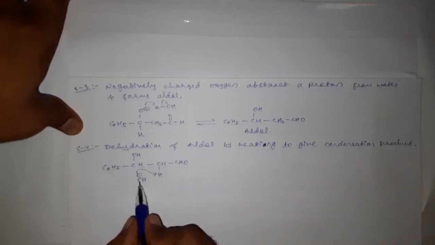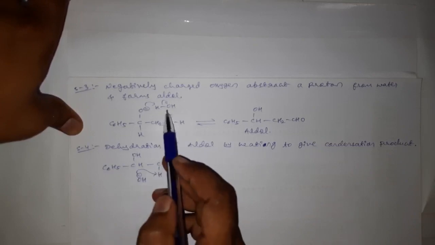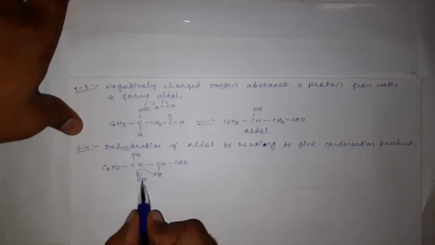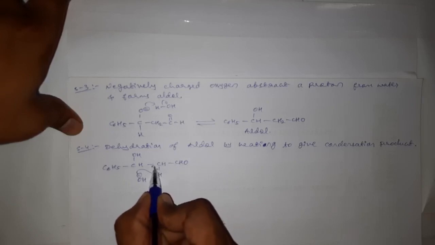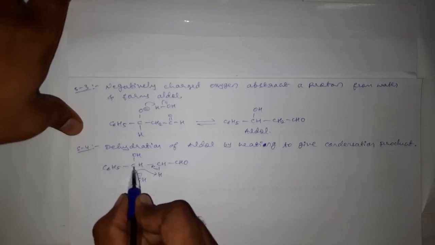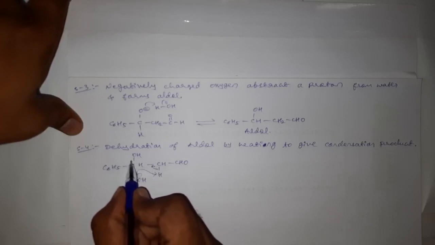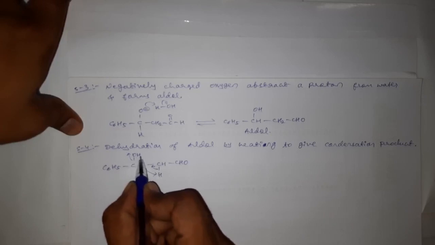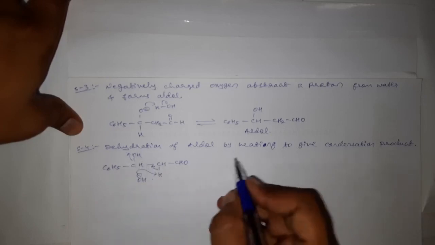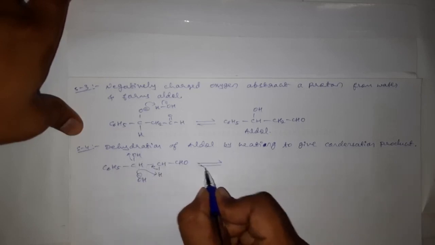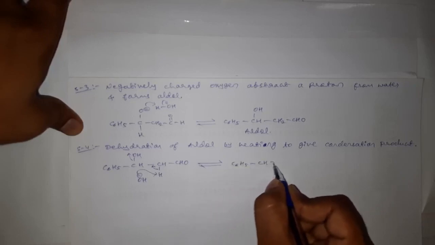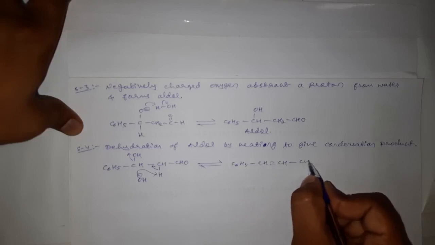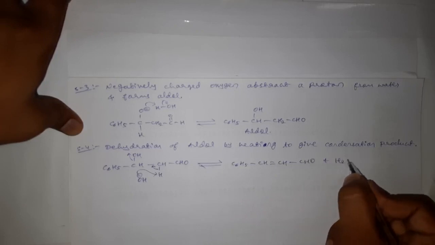See, the OH group which is liberated in the third step is now abstracting this proton, and this bonded pair of electrons is now moving towards the carbon-carbon single bond, and as this carbon is forming an extra bond, it is leaving the old bond, and this OH will go with the electron pair as OH minus, and here we will get C6H5 CH double bond CH CHO plus H2O.